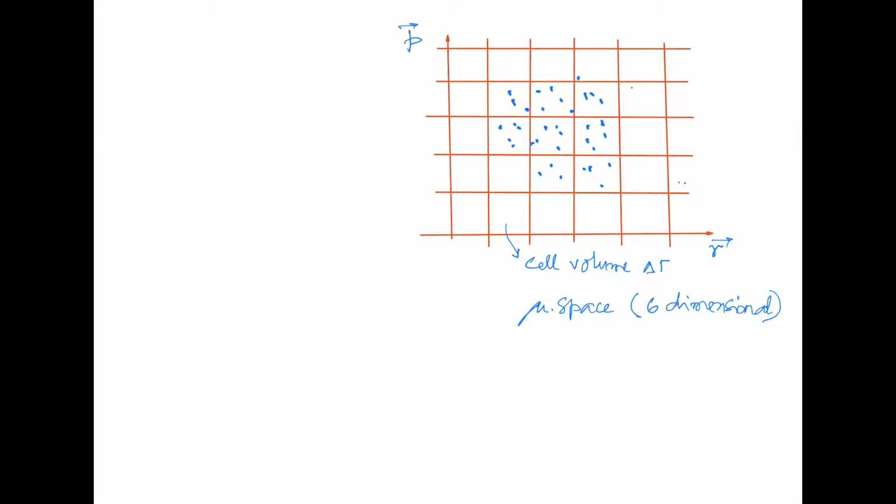So this is how the representation of the individual particles, which will form the system as a whole, will look like in mu space. Each particle is represented by these dots.